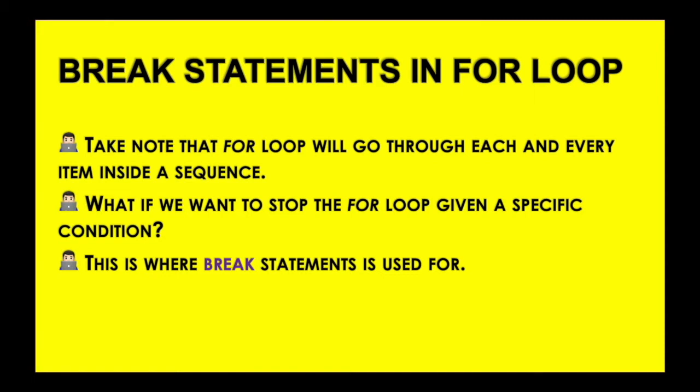Meaning to say, break statements stop the for loop if a specific item or a specific condition is met along the looping function. Okay, so for our task, let's have first our task number 1.